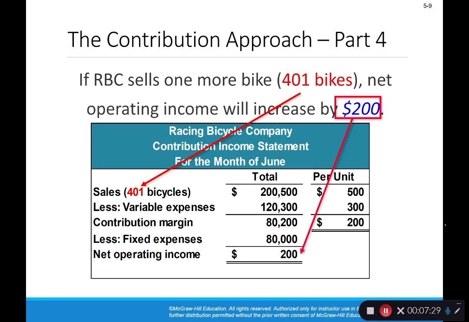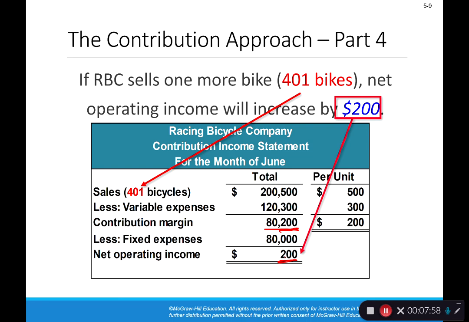And as I mentioned before, because we know our contribution margin per unit is 200, if we were to sell one more bike above break even, that means our income is going to go up by 200, because whatever happens to CM happens to income. Notice my CM went up from 80 to 80,200, and my income went from 0 to 200. So whatever happens to CM happens to our income.